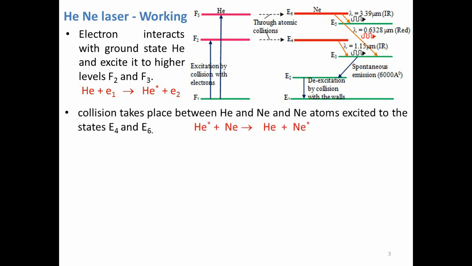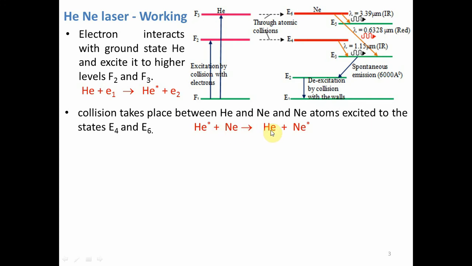Then next transition. In this figure the energy level F2 of helium and the energy level E4 of neon are at the same level. Also, the energy level F3 of helium and the energy level E6 of neon are at the same level. So the helium and neon atoms interact, and through the atomic collisions between helium and neon atoms, there is an energy exchange.